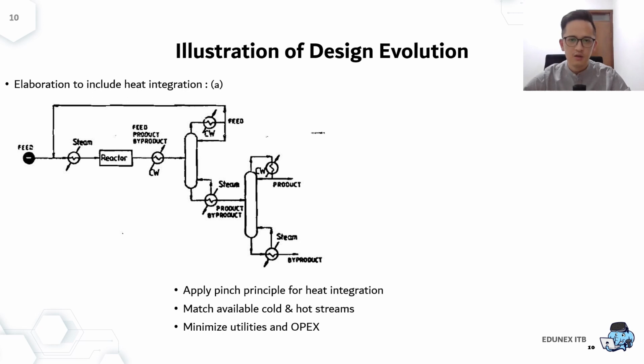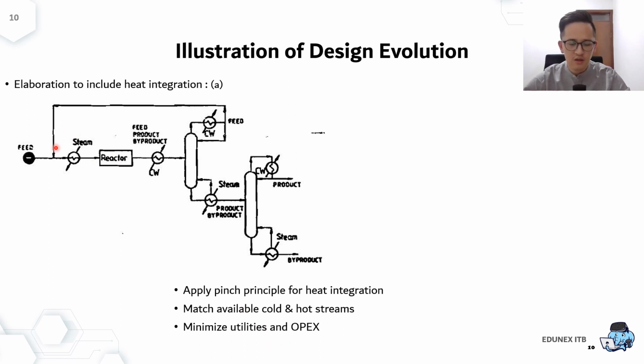The third step in the design evolution is to elaborate or include the heat integration into the process. This is the third layer in the onion model. So this is the flow sheet at the end of your second sequence. Now you have to apply the pinch principle for heat integration, where you match available cold and hot streams to minimize the utilities required as well as the OPEX.